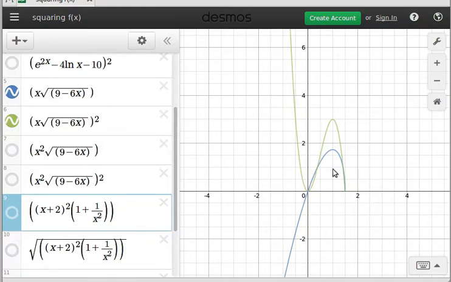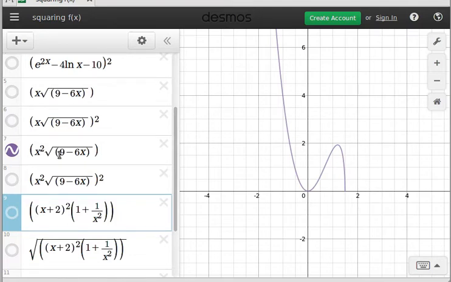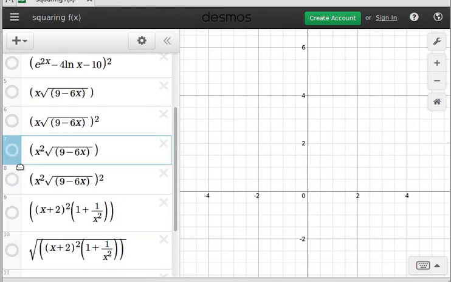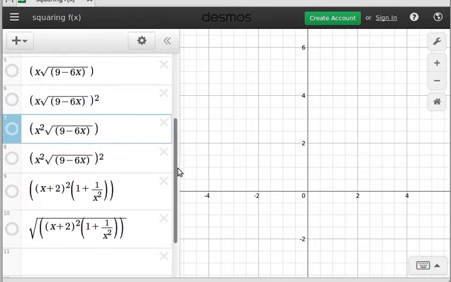When I square that number, we end up with the maximum occurring again at the same point. Here's another example: x squared times the square root of 9 minus x. If I square that, there you go, the maxima and minima are occurring at the same place.